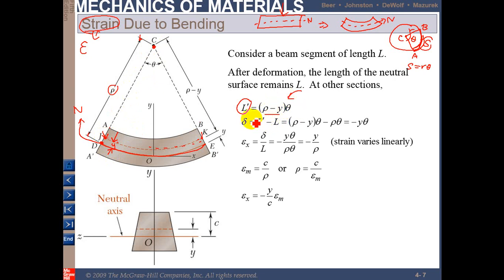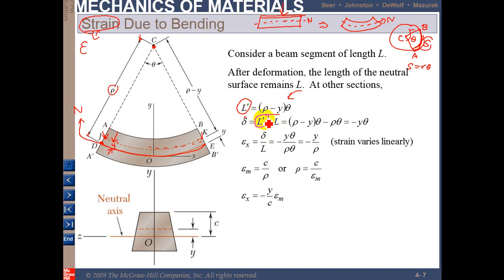Delta is the deformation. Deformation is equal to L prime minus L. Initially, the length at the neutral axis is the same, but after bending this length has changed, so that's why we calculate the deformation.